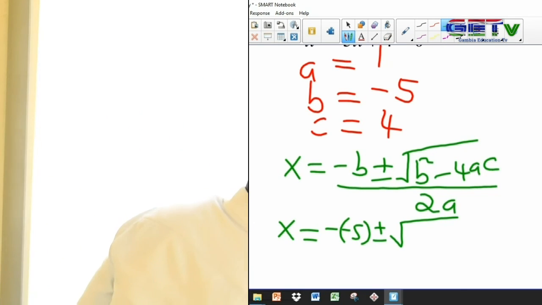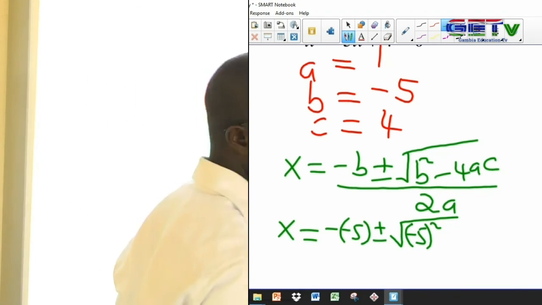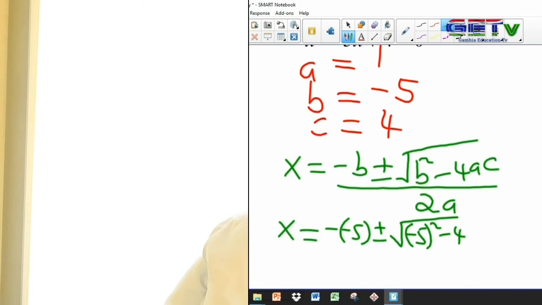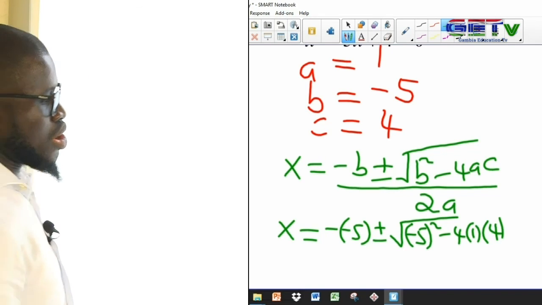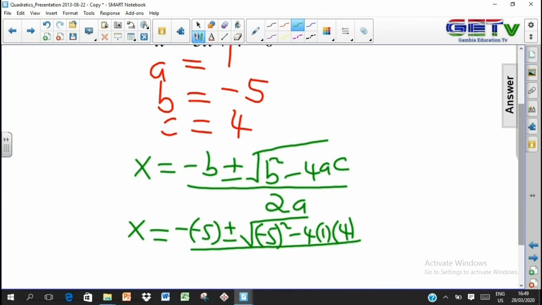The square root of, since b is negative, I'll use a bracket again, and that will give us -5 all squared minus 4 times a is 1 times c is 4, all over 2a, and the value of a is 1.